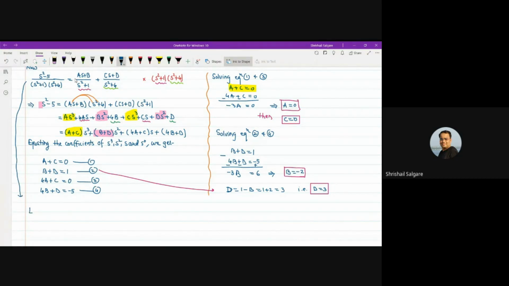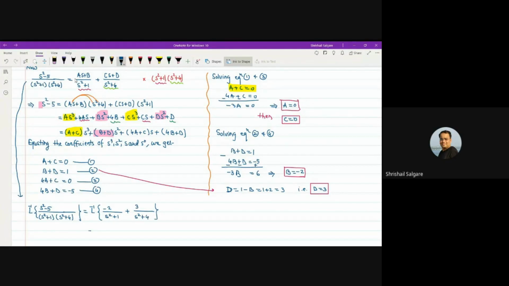L inverse of (s square minus 5) divided by (s square plus 1)(s square plus 4) is given as, if you substitute A equal to 0, B equal to minus 2, C is 0, D is 3: L inverse of minus 2 upon s square plus 1 plus 3 upon s square plus 4.